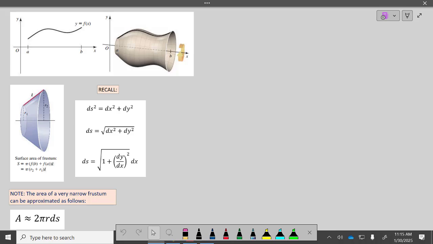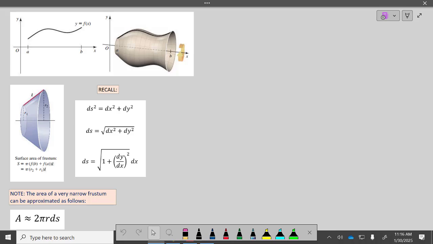In this class, we can find surface area if our surfaces are generated with a lot of symmetry. Again, in particular, if we do a rotation, there's a lot of symmetry. In Calc 3, you're going to find surface area of random undulating surfaces, which is much more complicated. But in here, we can find surface area for nicely shaped surfaces.